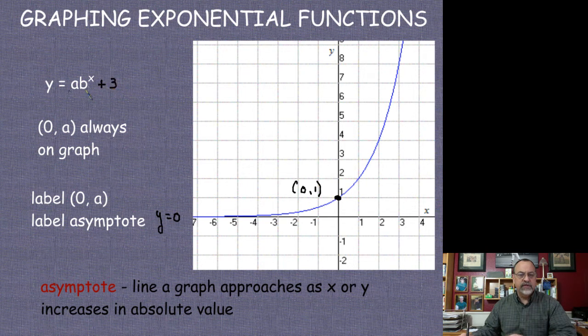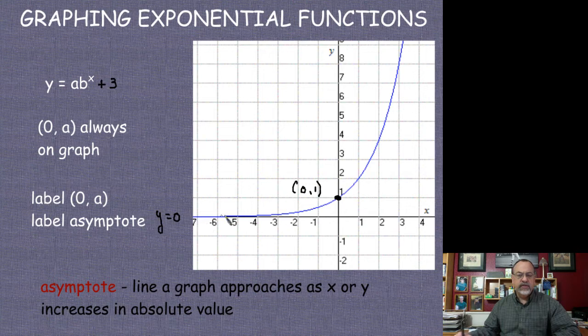If we have something like +3, that moves the entire graph up 3, so you would have the horizontal asymptote moved up 3. Any other transformation of the graph, a vertical stretch or vertical shrink, will not affect this asymptote, so only a vertical shift will affect where the asymptote lies.